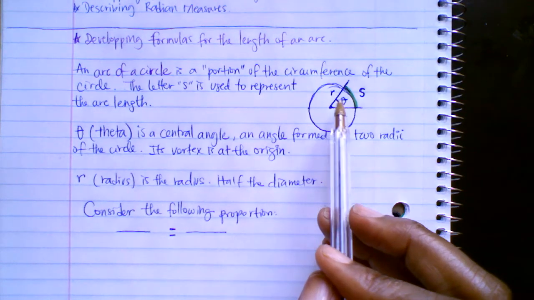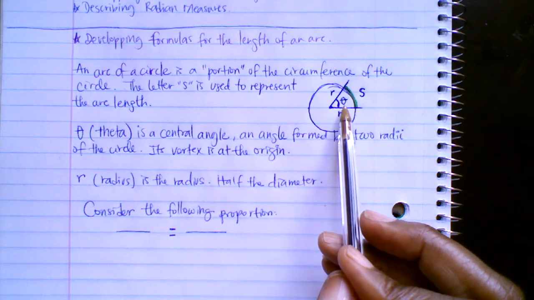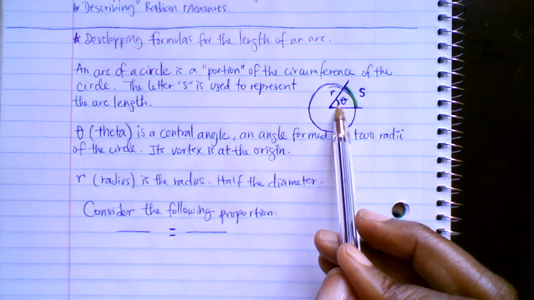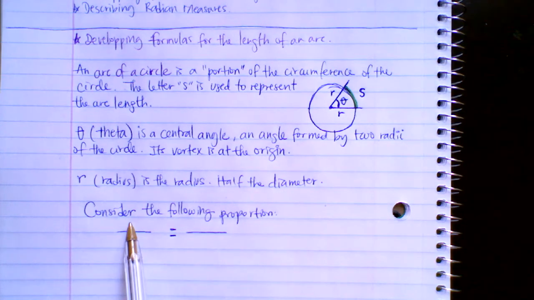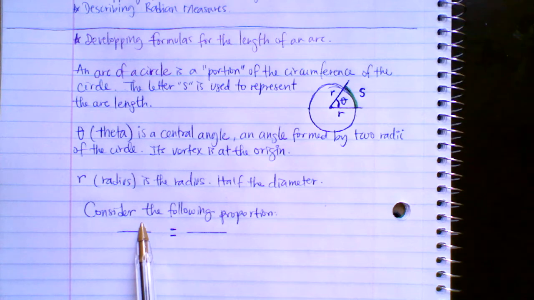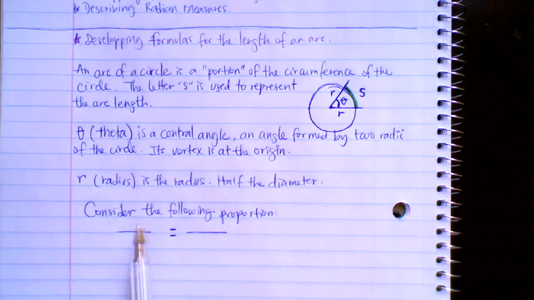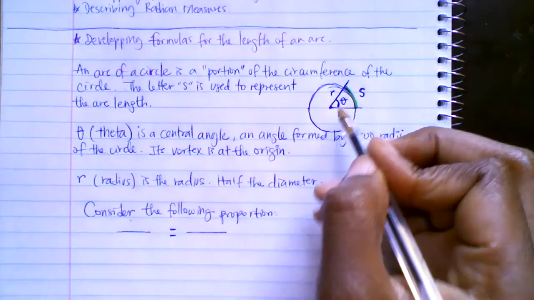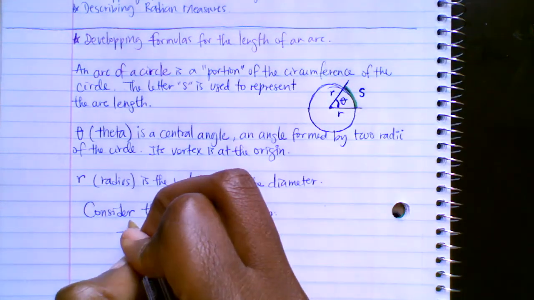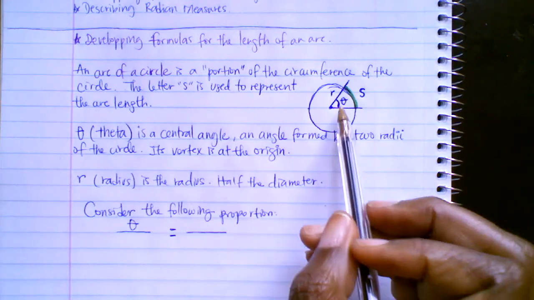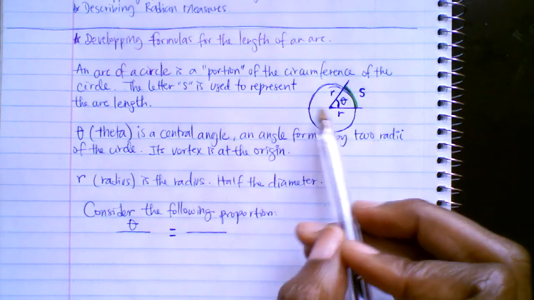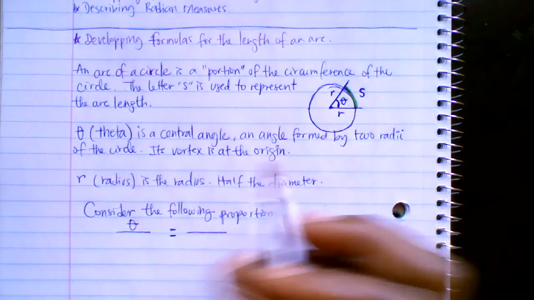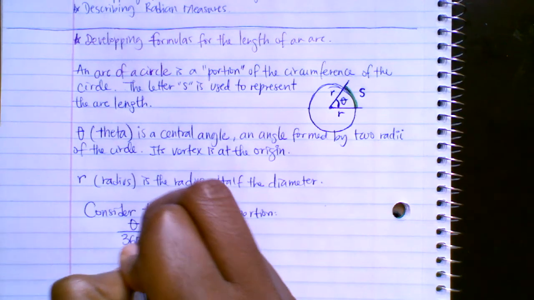First I'm going to consider the angle theta. On top I'm going to write the part, and at the bottom the whole, part over whole. So theta is a part of the entire circle, and what is the angle of the full circle? A full rotation is 360 degrees. So I'm going to write 360 degrees below.